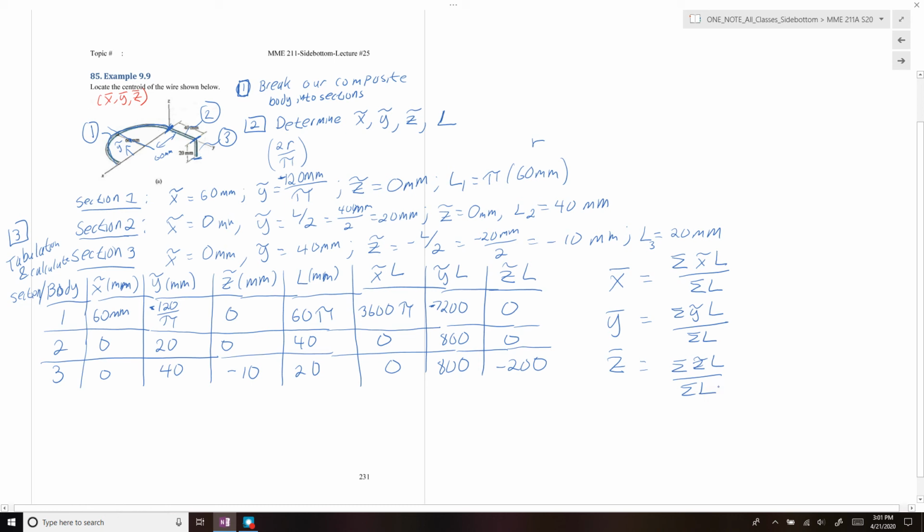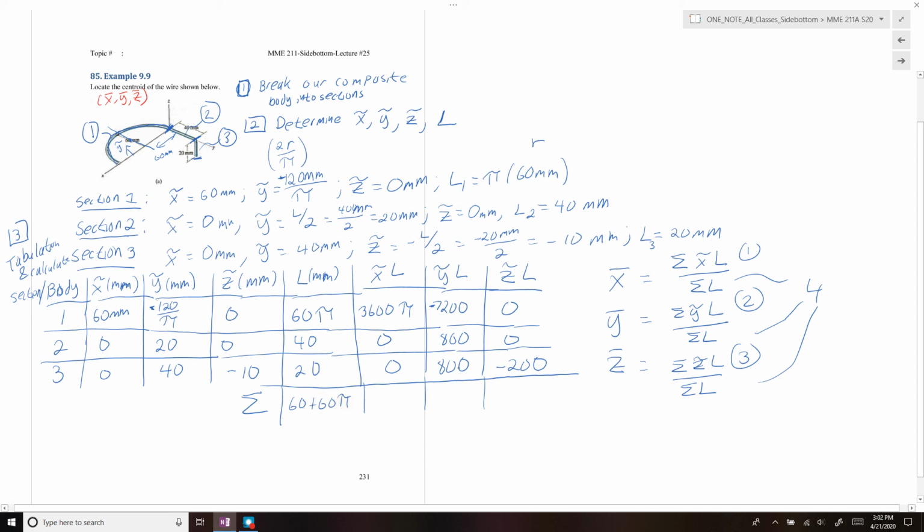So to determine these four quantities, we can just sum the columns of our table that correspond to each of those. We're just going to sum up these four columns on the right hand side of our table. For our total length we would get 60 plus 60 pi millimeters.